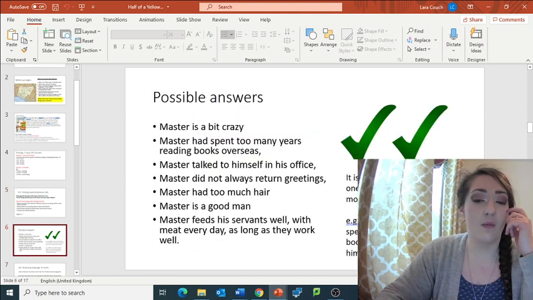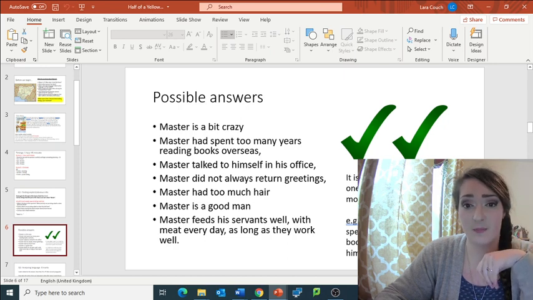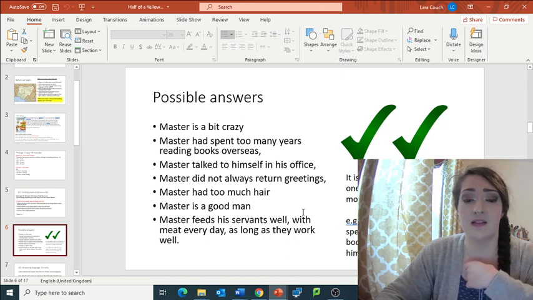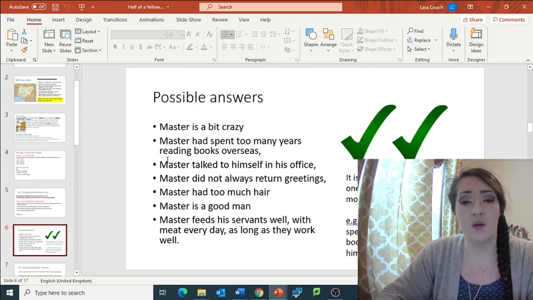So, hopefully you finished question 1, task 3. What we're going to go through now is possible answers, and this is where you can see they're quite specific. So if you've had any of these answers, give yourself a tick. Master is a bit crazy. Master spent too many years reading books overseas. Master talked to himself in his office. Master didn't always return greetings.